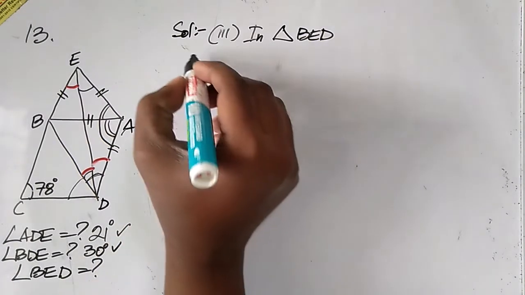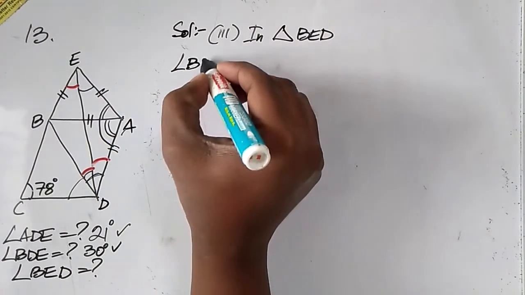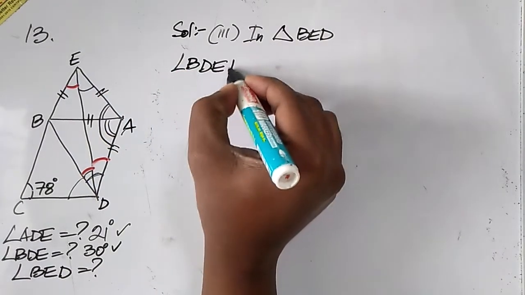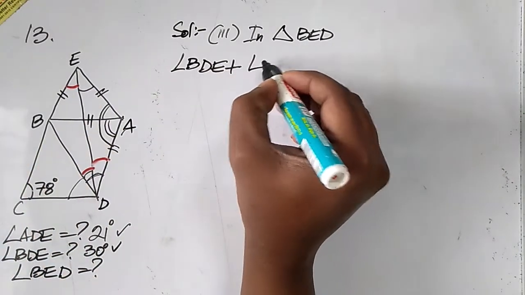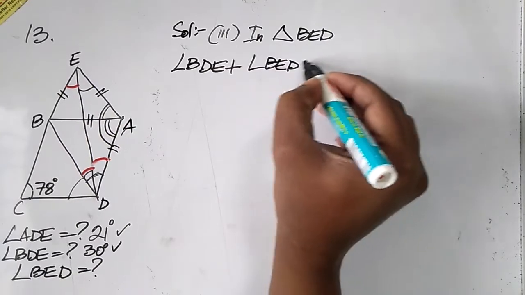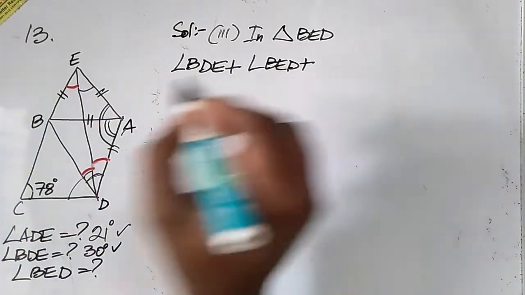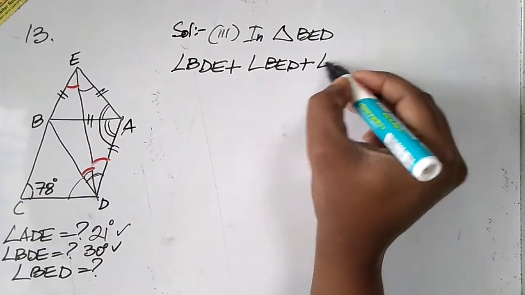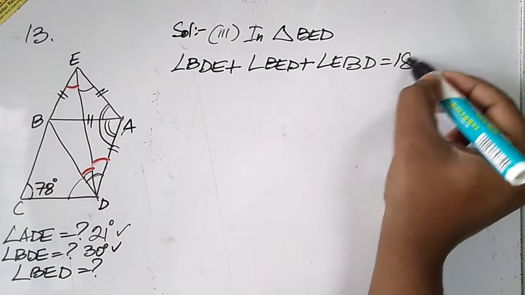Okay, so let us quickly write it down. That is angle BDE, right? Angle BDE plus angle BED plus angle EDB or EBD, angle EBD should be how much?